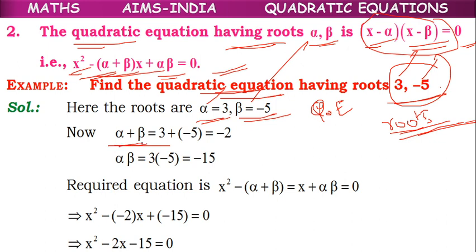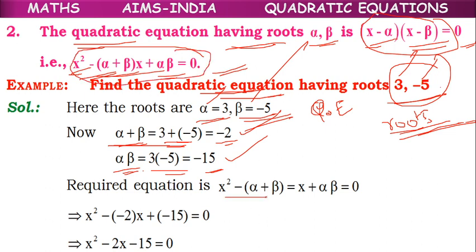Then what is the sum of the roots? 3 plus minus 5, minus 2. What is the product of the roots? 3 into minus 5, minus 15. We got the sum of the roots and the product of the roots. So what is the required equation? The required equation is x square minus sum of roots into x plus product of roots equals 0.